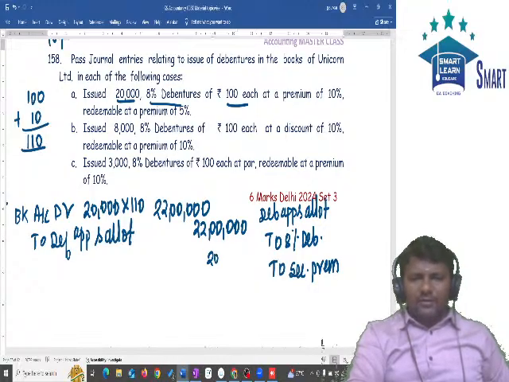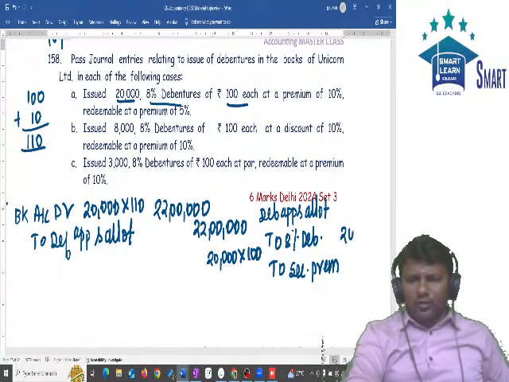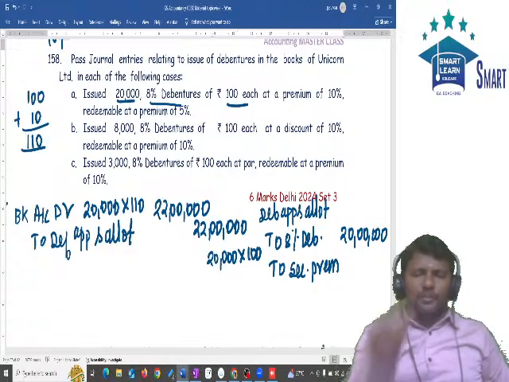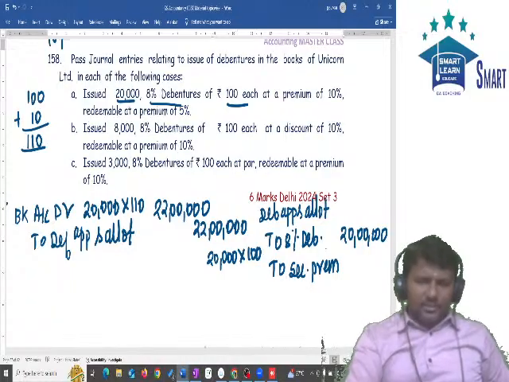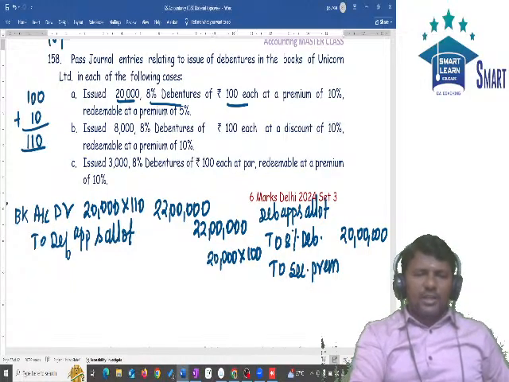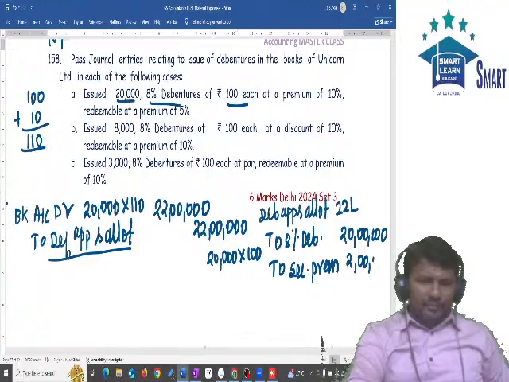How many number of debentures? 20,000. What is the face value? 100. 20,000 into 100 will give you 20 lakh. Always write the amount for the percentage debenture first, then you can write debenture application and allotment, which is 22 lakh. Extra we are collecting 10 percent, and the 10 percent should be credited to securities premium.